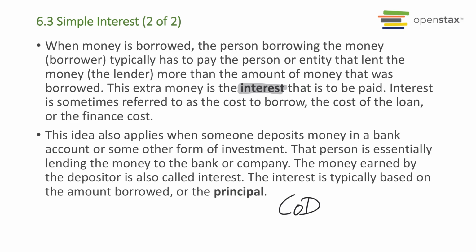So for example, if you give the bank $1,000 in a savings account, the bank is giving you money back in terms of interest. Both of those sums of money, whether you take out a loan or you give money to the bank and they pay you back interest, are called the principal, P, and that's the starting amount of the loan or the seed amount, the initial amount of the savings account.